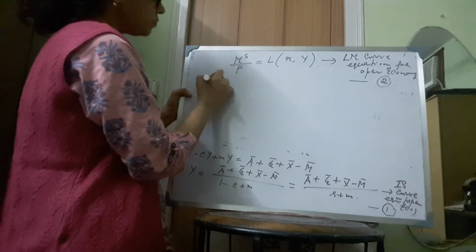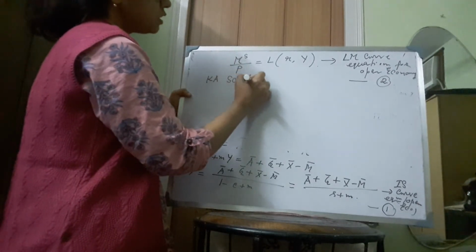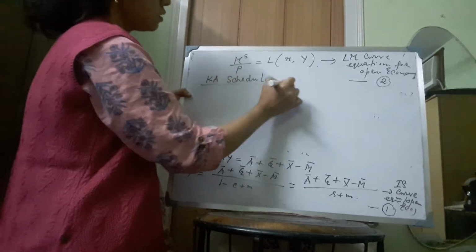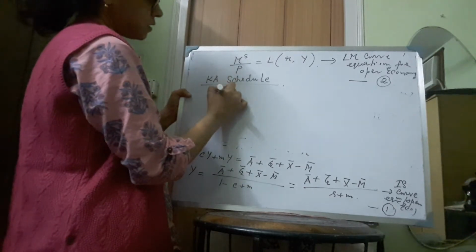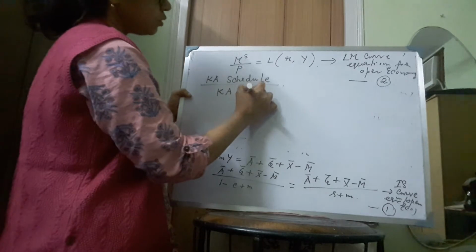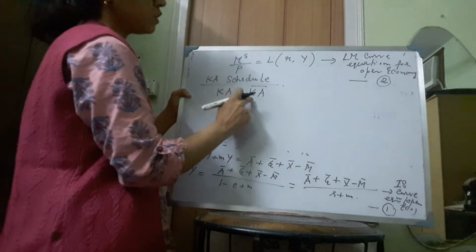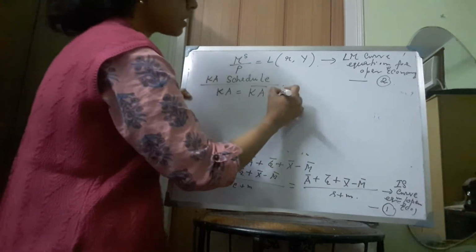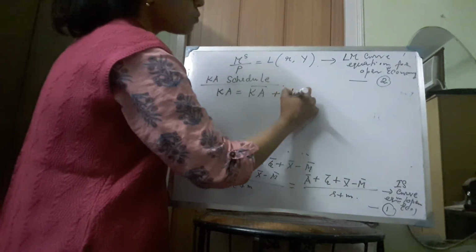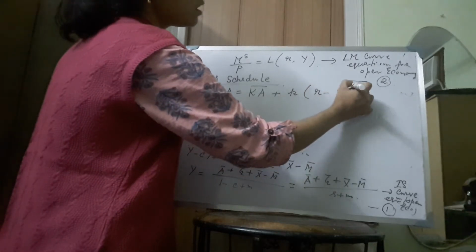That is called the capital account schedule, and it is represented by the equation KA is equal to KA bar plus small k, within brackets small r minus small r star.